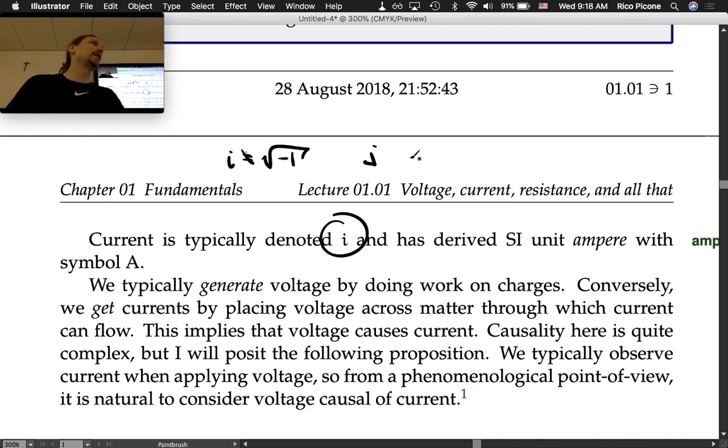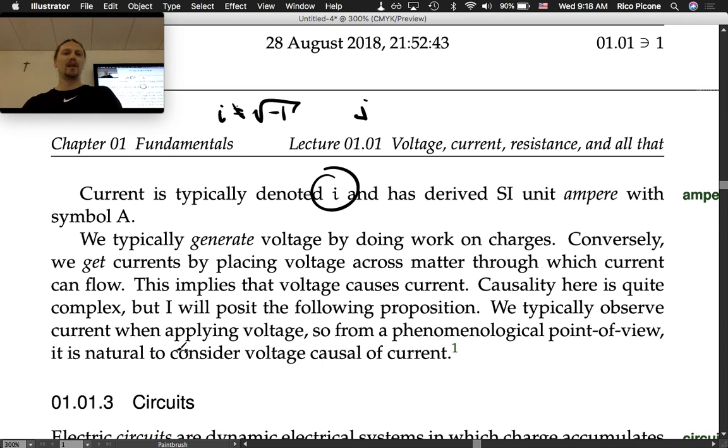And we'll adopt that convention in this class. It's a good convention because otherwise it gets really confusing when we get to impedances, complex numbers will come in next week, maybe this week. I don't know. Lecture 3, I think. So we're going to avoid using I for imaginary numbers. Okay, it has derived SI unit ampere.